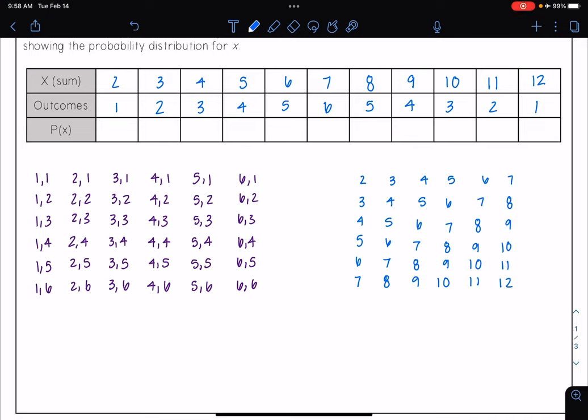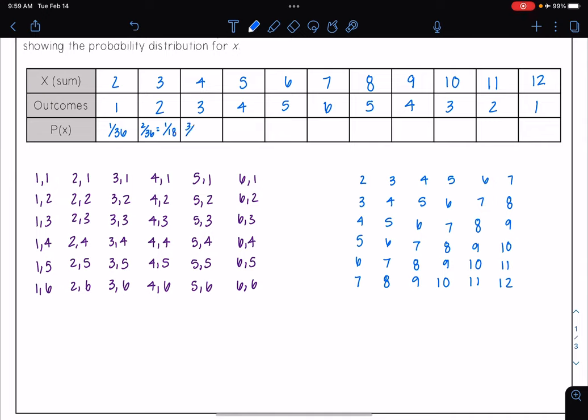And then I'm going to find the probability of each x. So the probability for rolling a 2, or getting a sum of 2, I say there's one outcome out of 36 total outcomes. So that means it's going to be a 1 out of 36. Next one, I have 2 outcomes of rolling a 3. So that's 2 out of 36, which is the same as 1 out of 18.